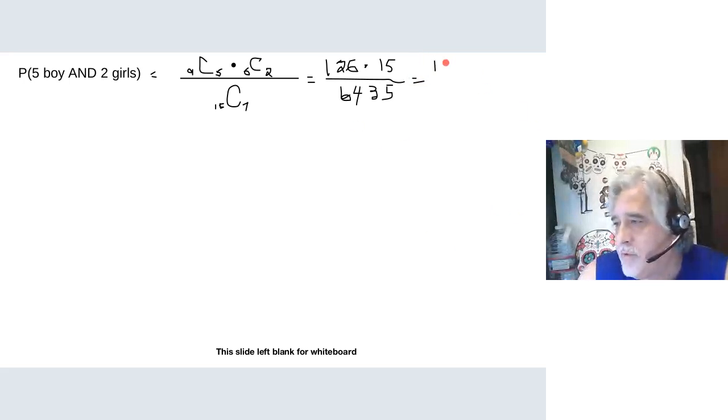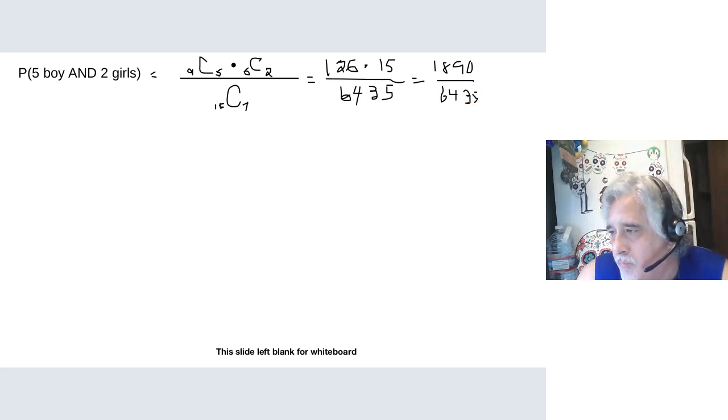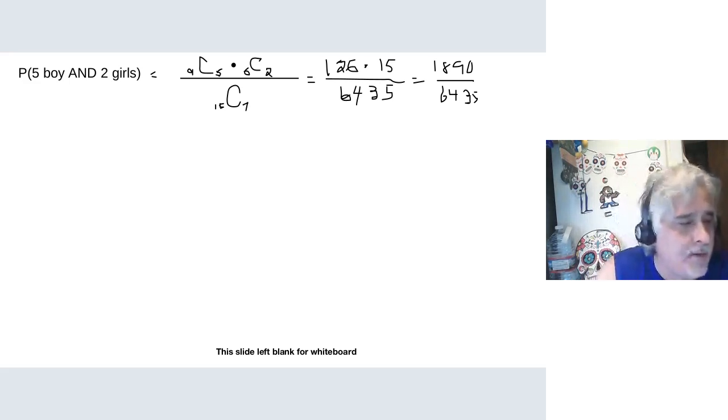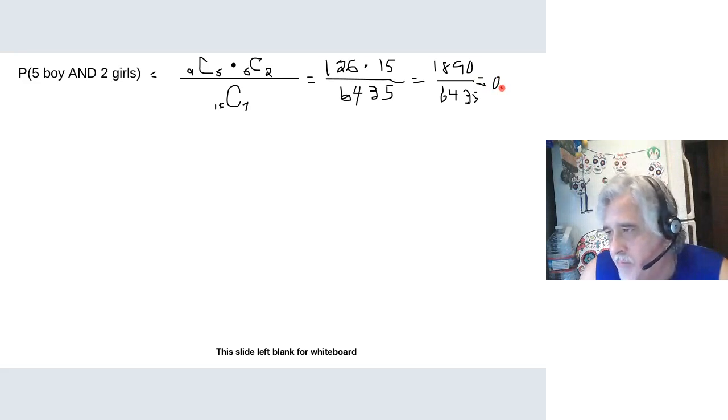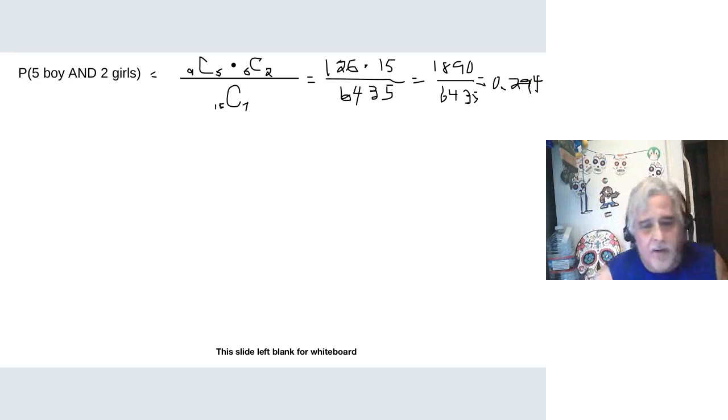And you'll notice, like all probabilities, if we did this right, the numerator is smaller than the denominator. And then if we divide that, I think they said 3 decimal places, it's 0.294. All right, so that's plenty for today.